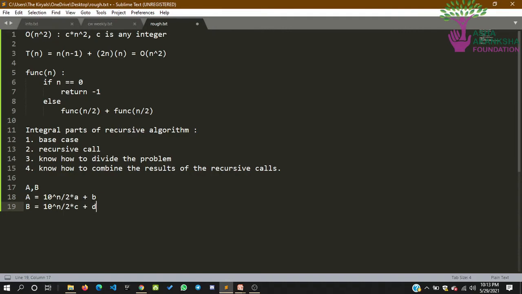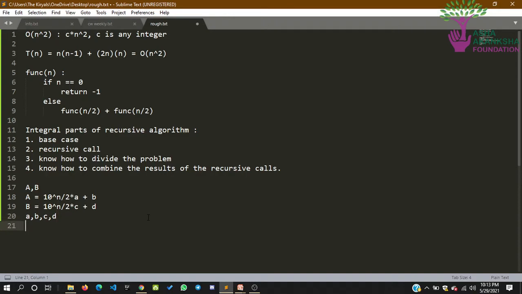Now you have got a, b, c and d, because after splitting, retrieving these parts is a simple thing. You can do it easily in coding.